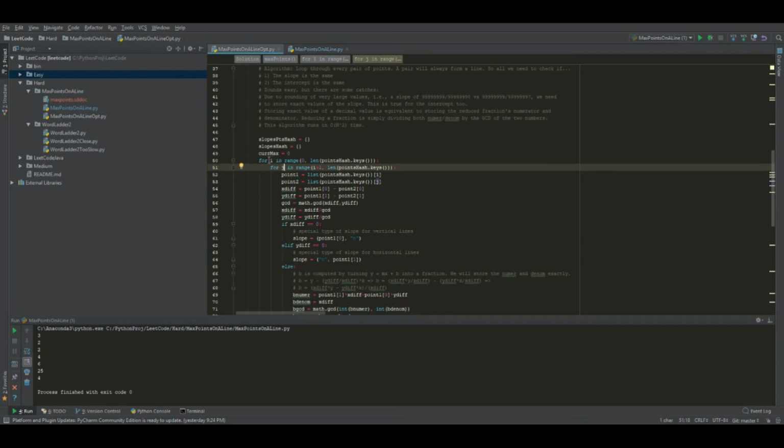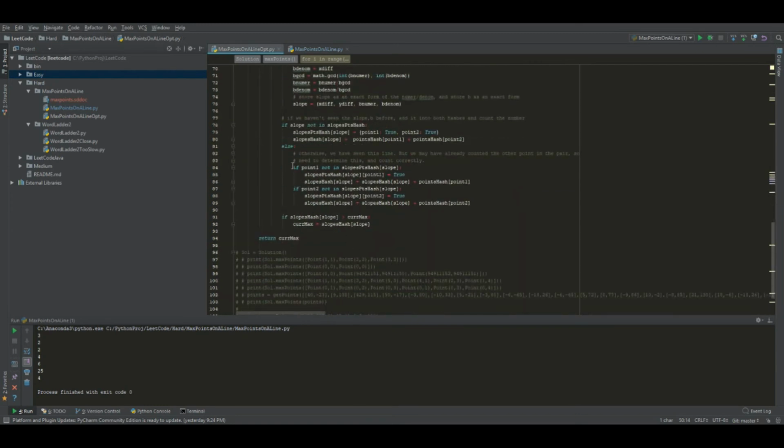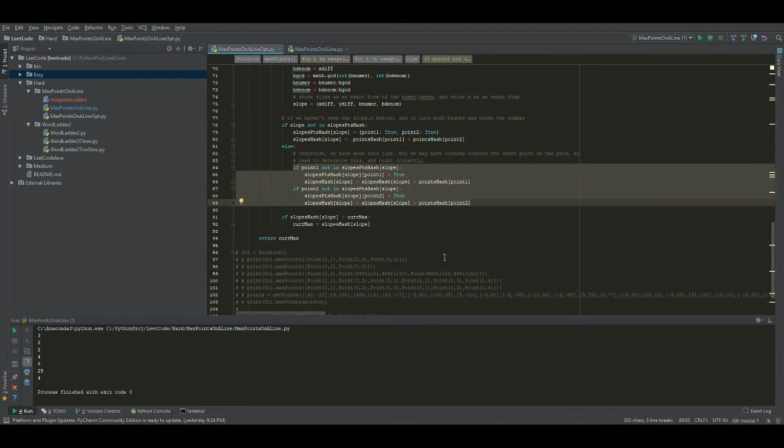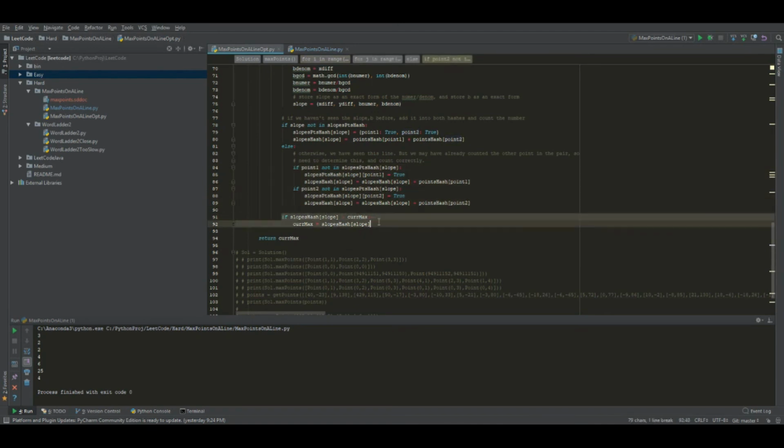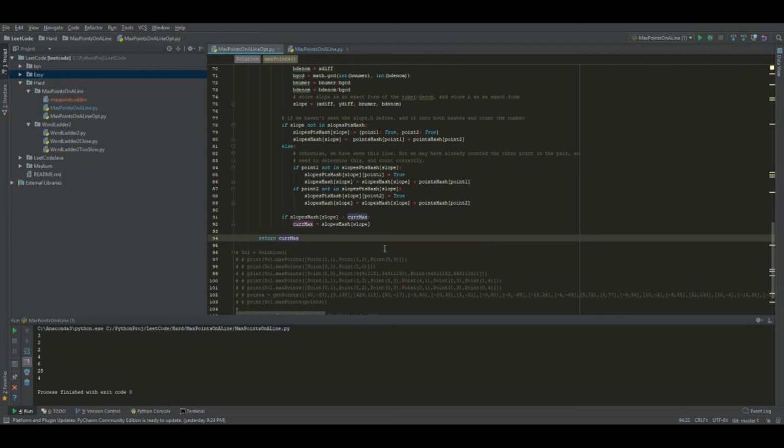So as a result, we don't want to re-add i to the same line that we just computed now. We only want to add j, right? Because if i maybe generates a line between i and m, and it's on the same line as j, we only want to add j to that. So that's what this block of code does. It just checks, and then at the end we check to see if the value we just updated is greater than our current max, and at the end we return the current max.